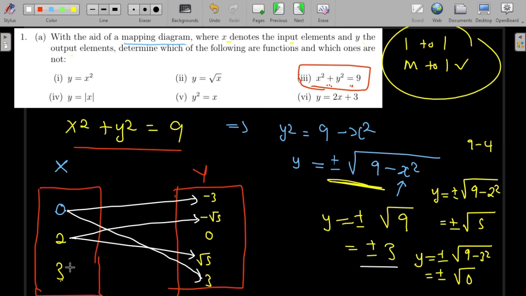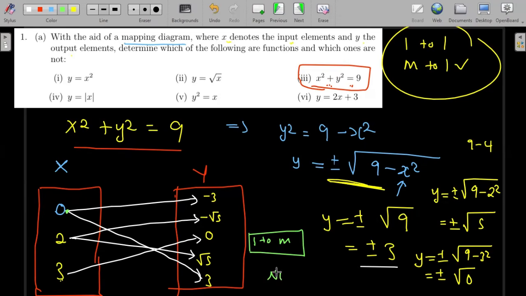And if my x is 3, I'm just going to 0. So now you ask yourself, what kind of relation am I having here? We see here that I have one input, 0, being mapped to two different things. So that is one to many, and in our introduction, we said one to many is never a function.